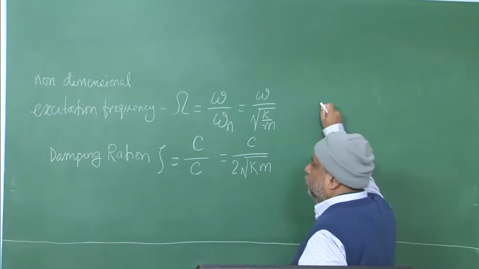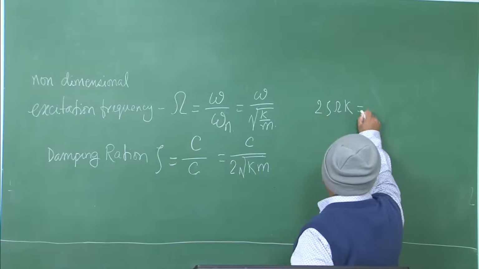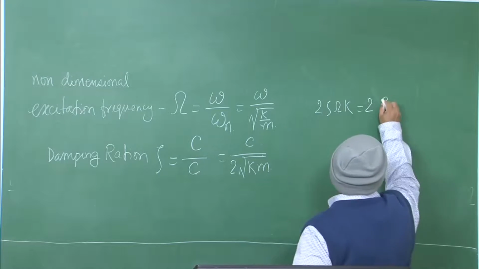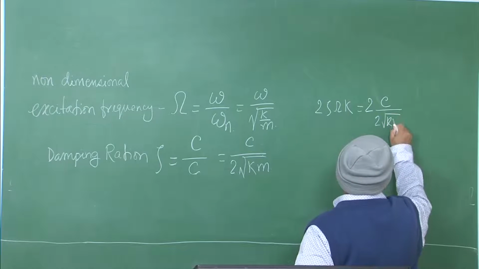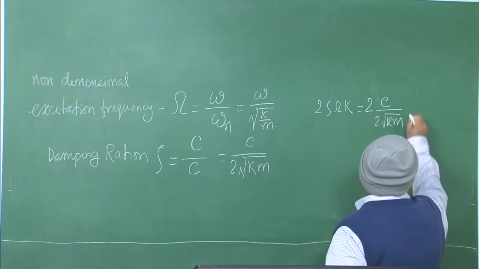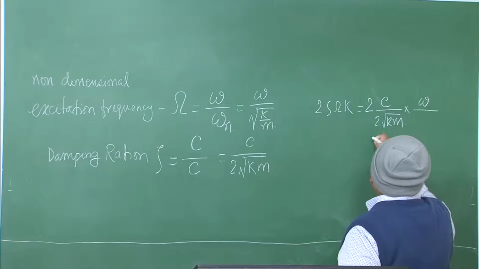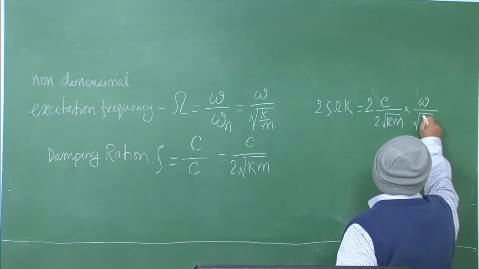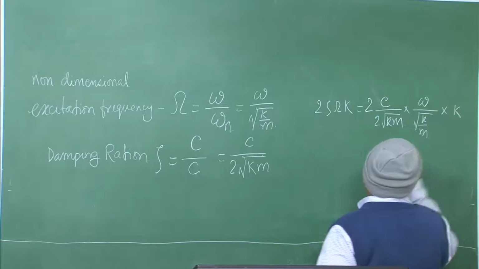So, 2 zeta omega k would mean 2 c over 2 root k m, that is our c, then omega over omega n, that is square root of k by m, and then multiplied by k.